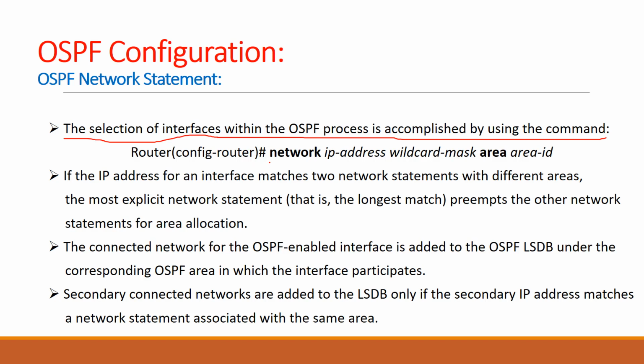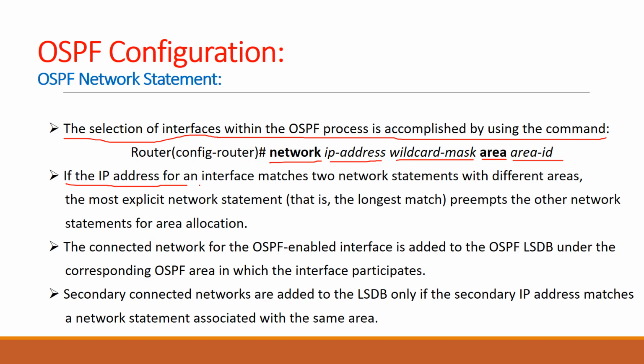To select an interface, use the network statement with the IP address and wildcard mask, and associate this interface to a specific area ID using this command. And in an example, we will see all these commands, the network statement or interface-specific subcommand.